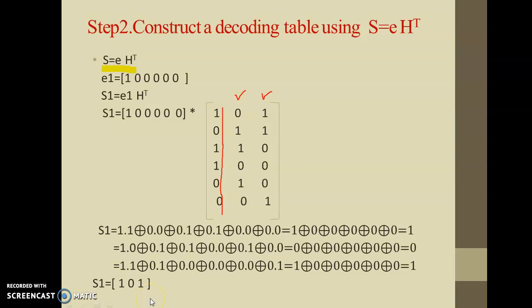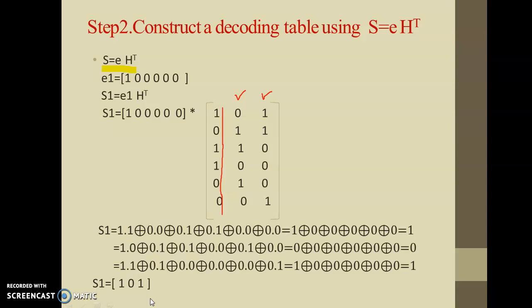Once we have written all error vectors, the next step is to find the syndrome corresponding to these error vectors. Let us say E1 is 1 followed by five 0s. The corresponding syndrome vector is S1, where S1 = E1 × H transpose.